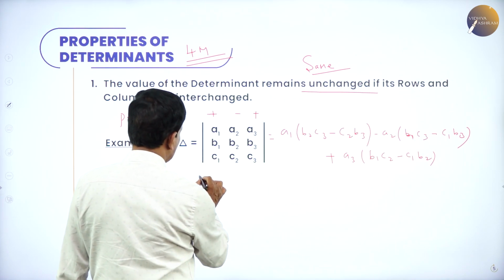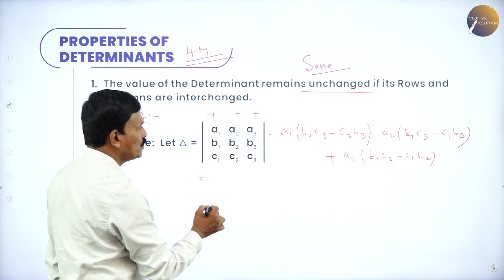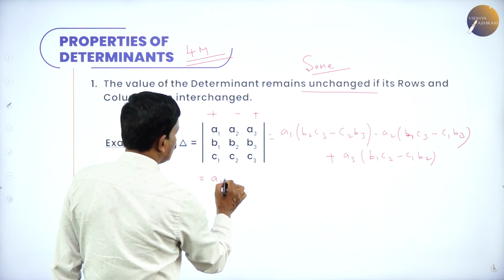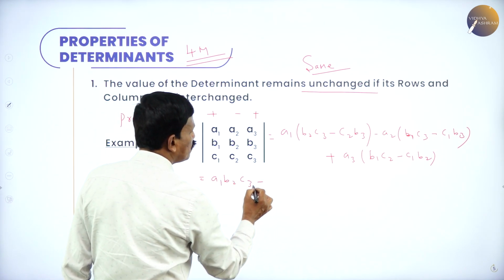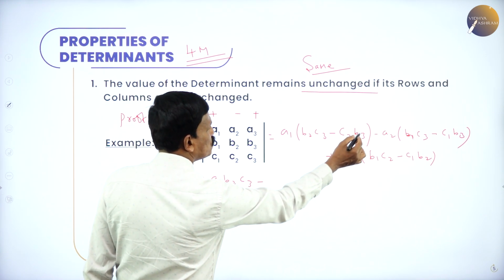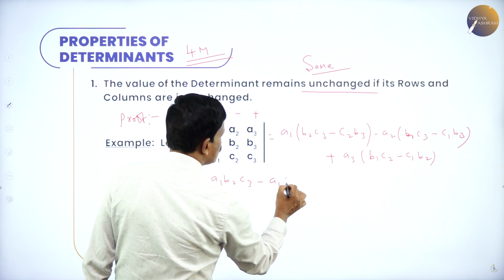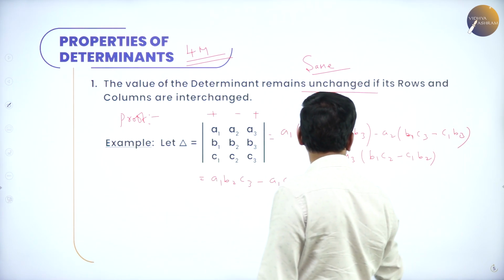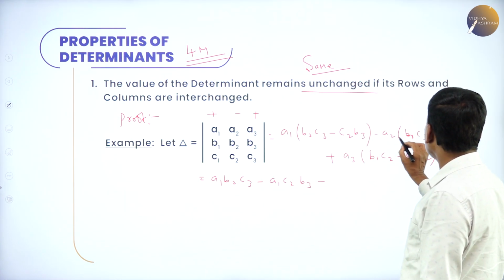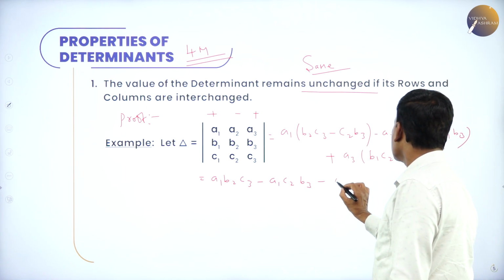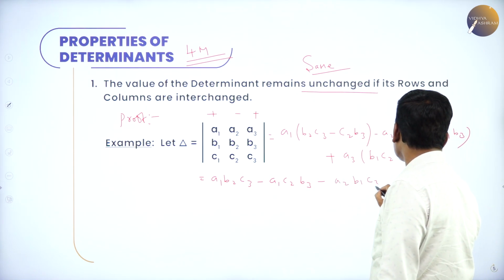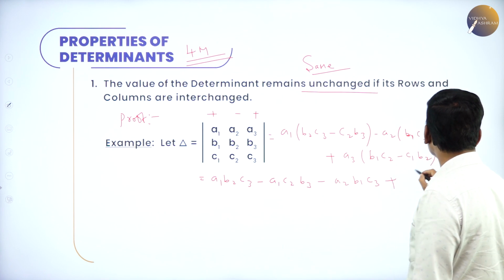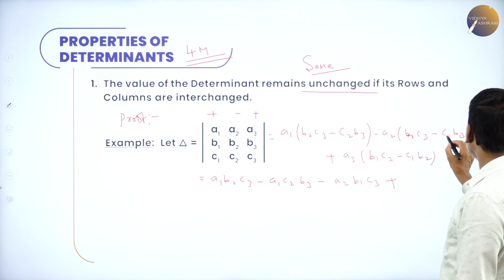If I expand this, what are you going to get? A1, B2, C3 minus A1, C2, B3. Again minus A2, B1, C3, minus into minus plus A2, C1, B3.